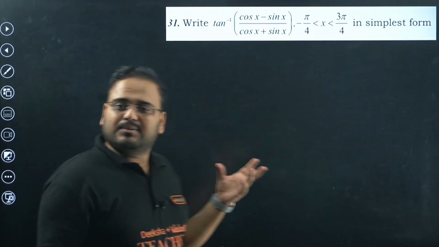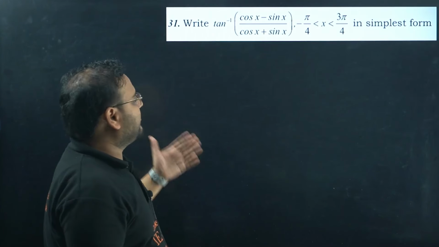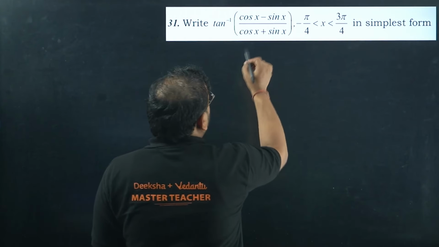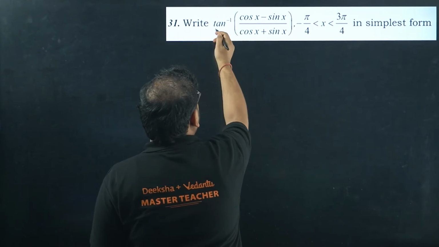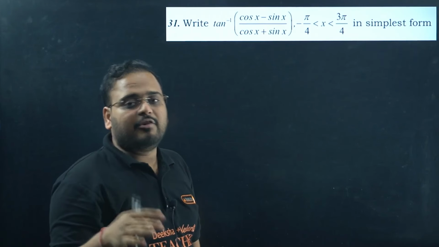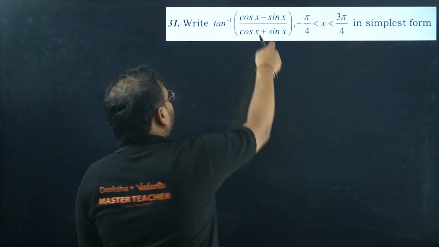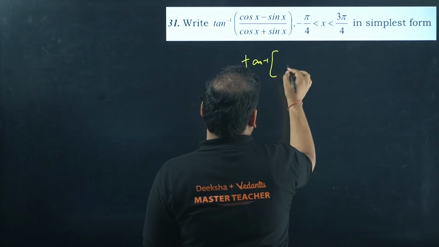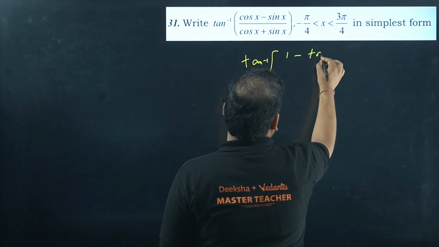Right, this is a simple problem. I have solved this in your previous sessions as well, but I'm going to solve it here too. Divide everything by cos, because I have tan inverse outside, and to simplify this we have to divide by cos only, because we'll make tan over here. So let's try this. We'll have 1, and sine by cos as tan.